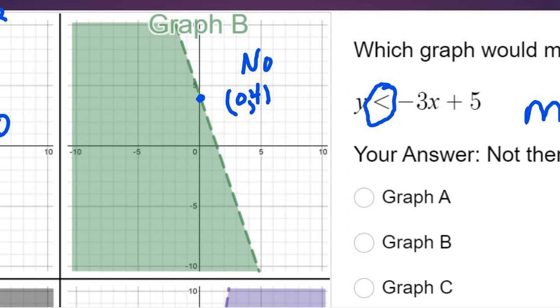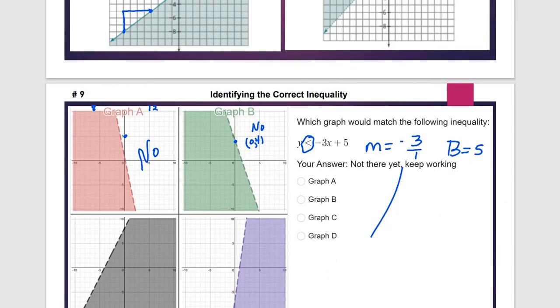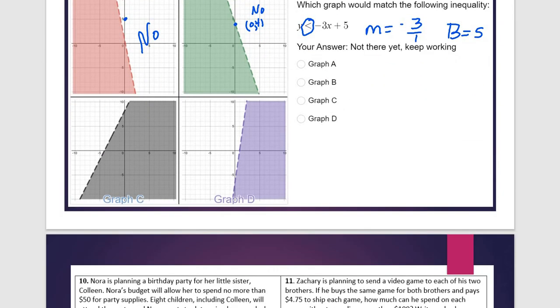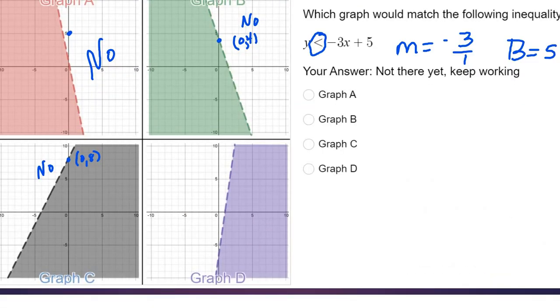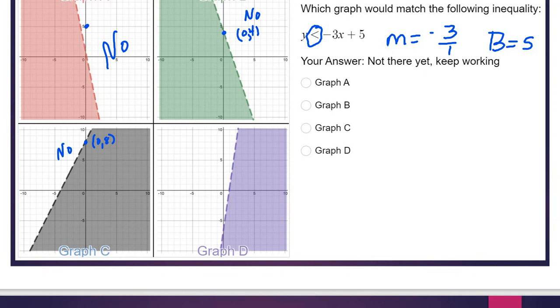So this is a no. Is the y-intercept at 5 on this one? I see that this one is at 0, 8. So this is no. Now, when I look at this one, is this right here at 5?